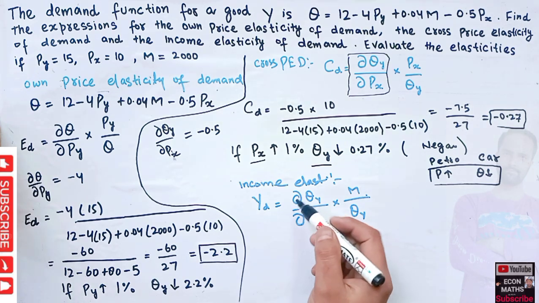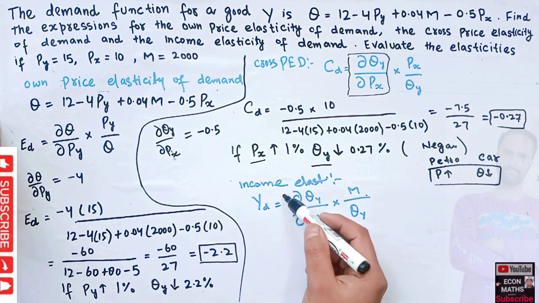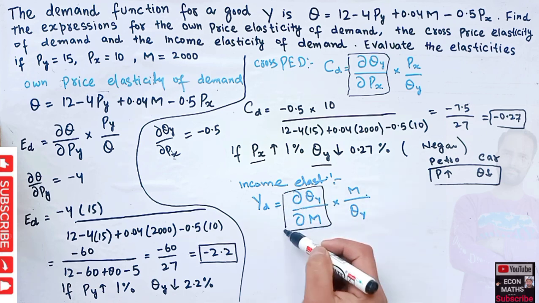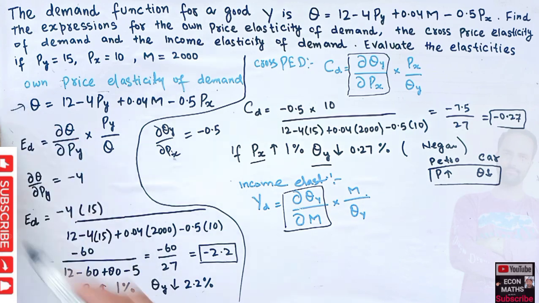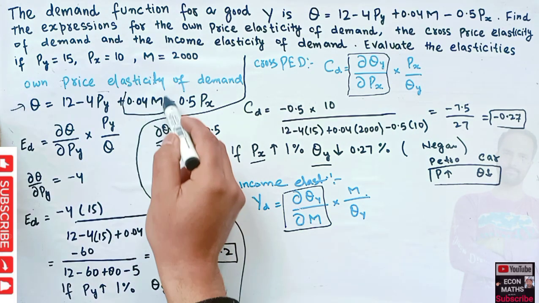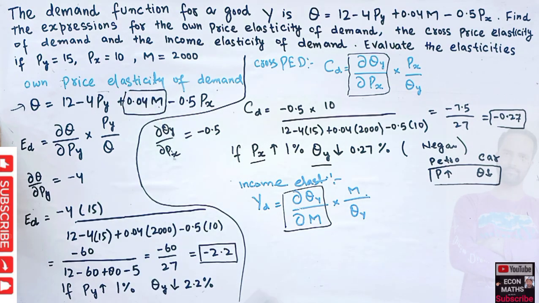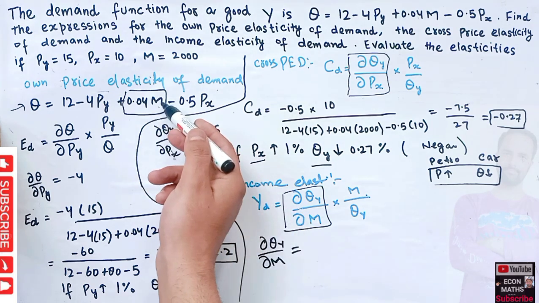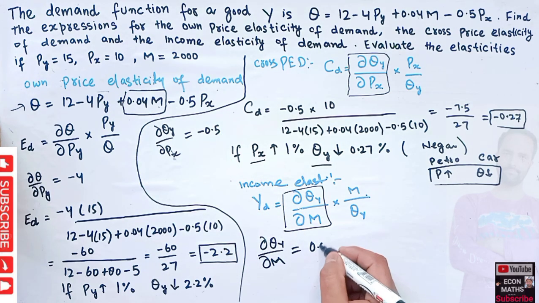Then what is this dQy upon dM? That means we need to take the partial derivative of this demand function with respect to income. Since we have only M involved here, the derivative of M is 1, so we are left with 0.04.